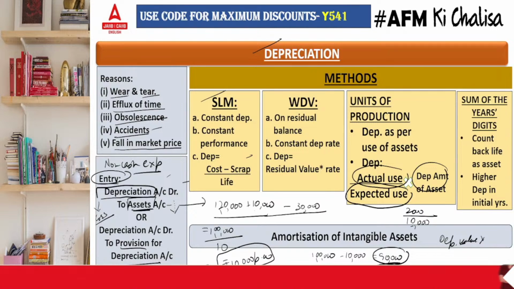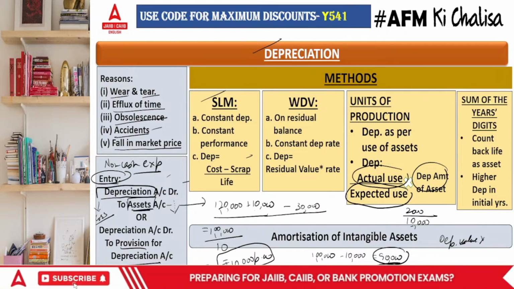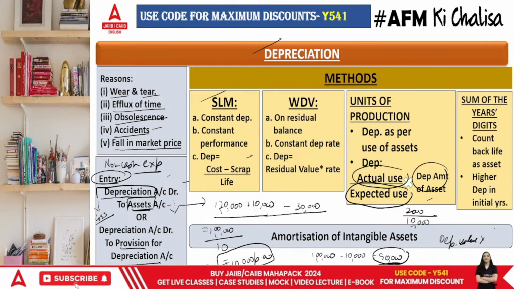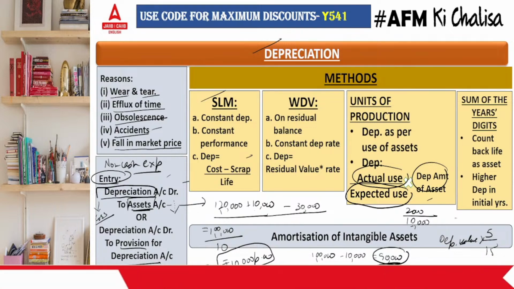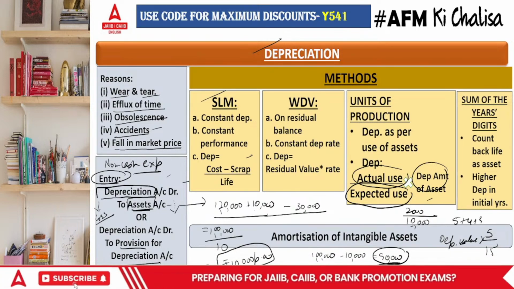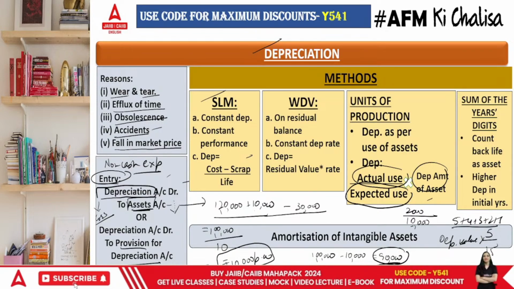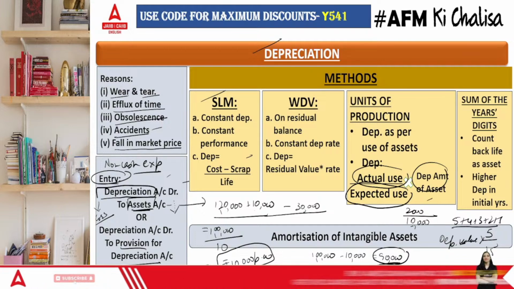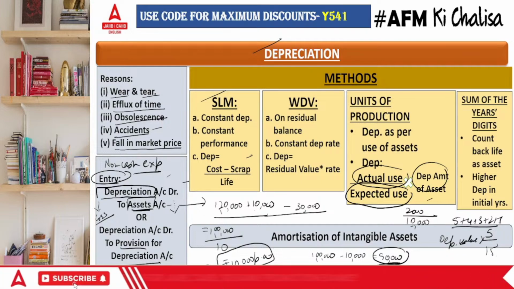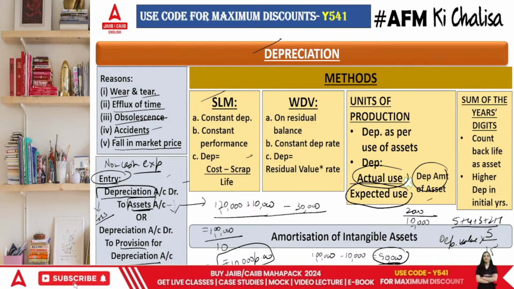That 5 denotes the number of years that asset can be used. So that particular amount, how many years are left in the very beginning, divided by the sum of digits, 5 plus 4 plus 3 plus 2 plus 1, has to be considered to find your depreciation as per the sum of years digit method, everyone.